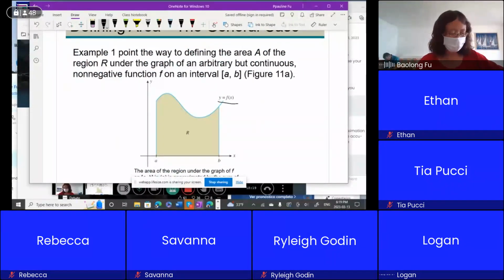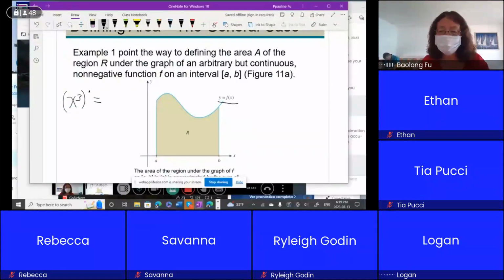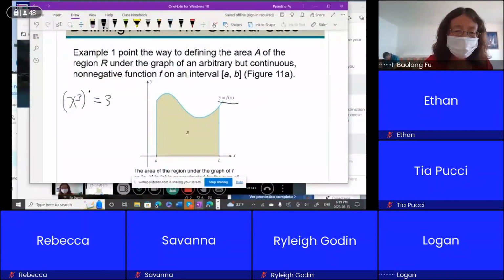remember last class, we introduced the antiderivative function. So if I ask you, what is the derivative of x cubed? Anyone? 3x squared. Thank you. And then we use capital letter F(x) to represent x cubed.